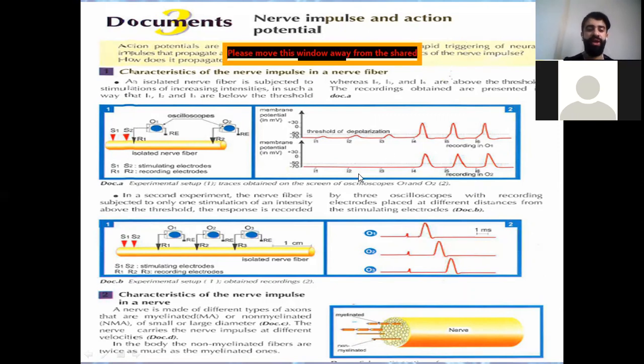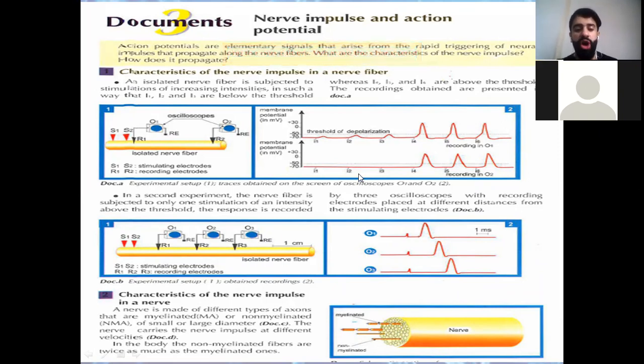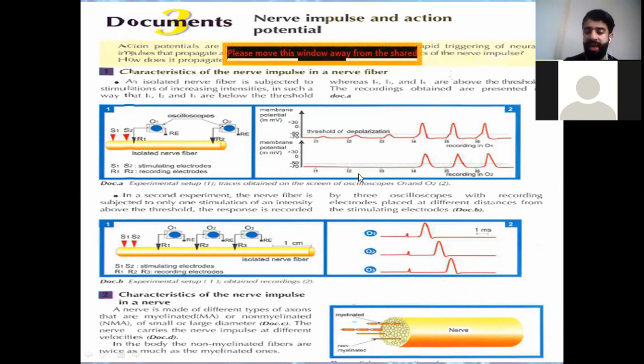Moving down to paragraph 2, talking about the characteristics of the nerve impulse in a nerve. A nerve is made of different types of axons. These axons may be myelinated, meaning that they have the myelin sheath, a lipoprotein that acts as an insulator, protects and isolates the axon, and accelerates the propagation of the nervous message in a saltatory movement, if you remember this.